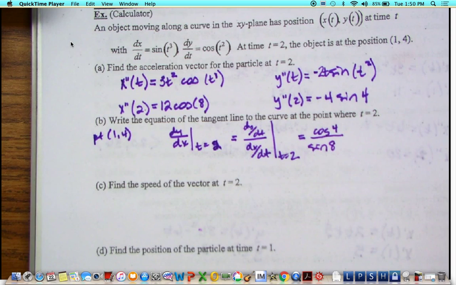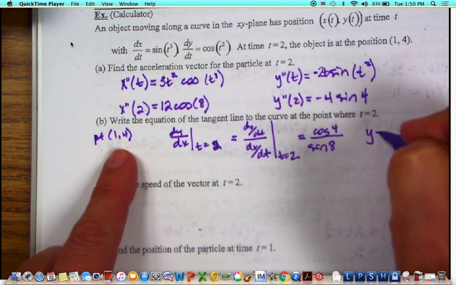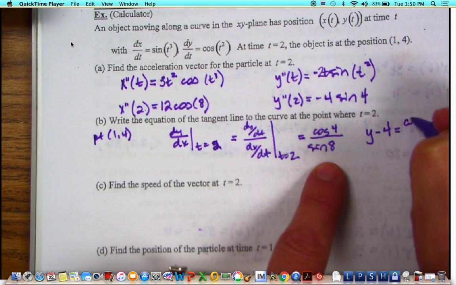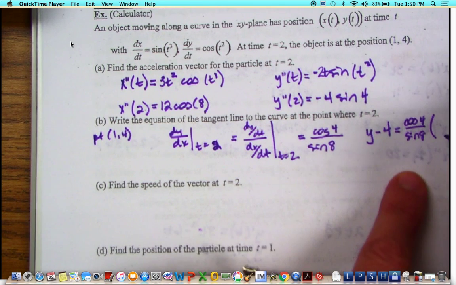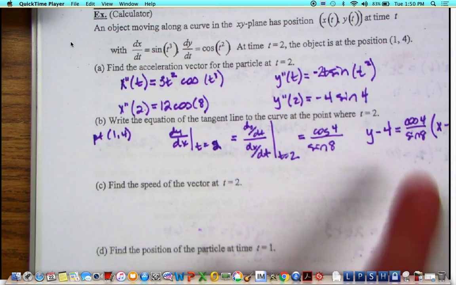So do you have everything you need now in order to write an equation of a tangent line? Yes, you do. So tell me what to write. Y minus 4 is equal to cosine 4 over sine 8. Yep, x minus 1.